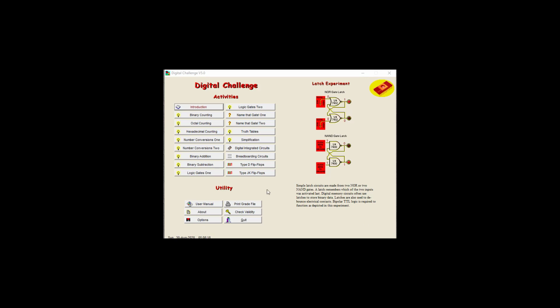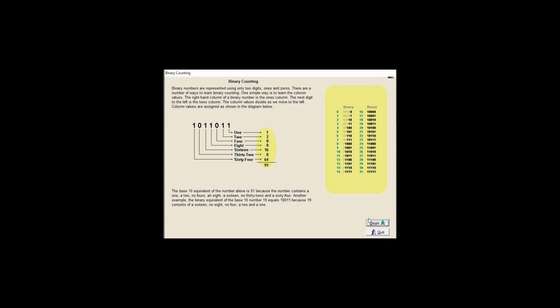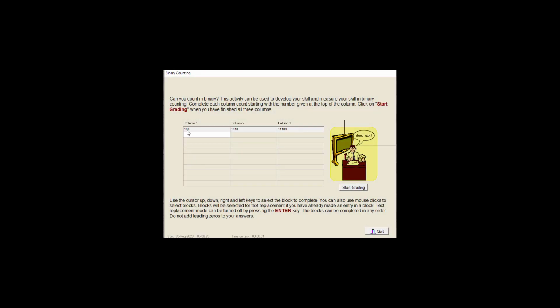Here I'm going to give you a little sample of our binary counting challenge. So here we have 1, 0, 0, which is what? 4. So the next one would be 1, 0, 1, 5. 1, 1, 0, which is 6. And 1, 1, 1, which is 7.